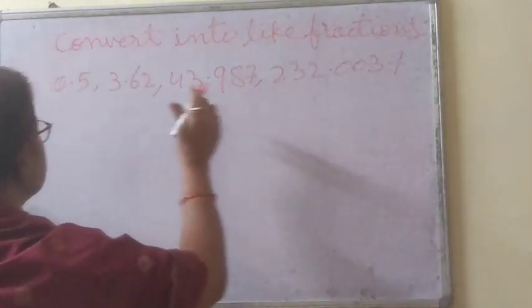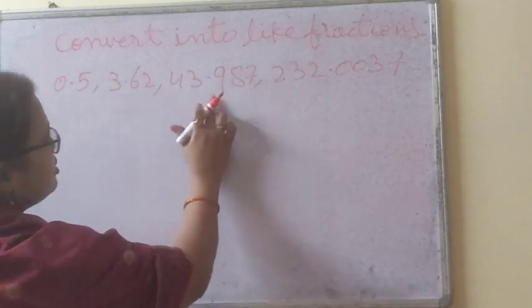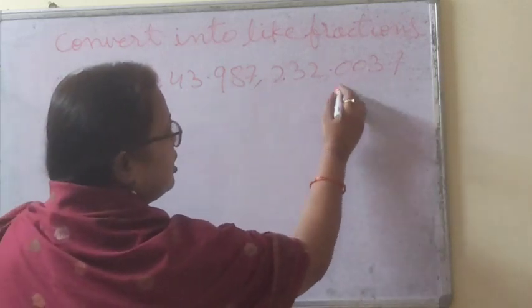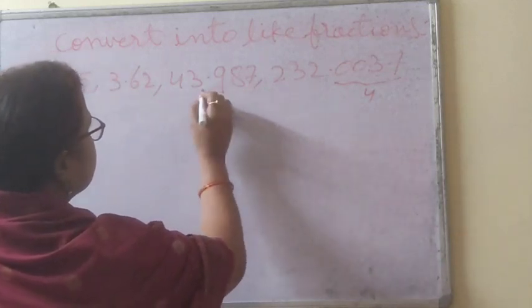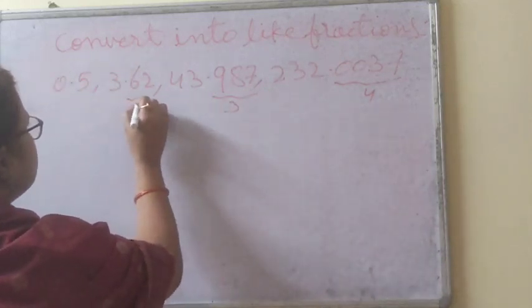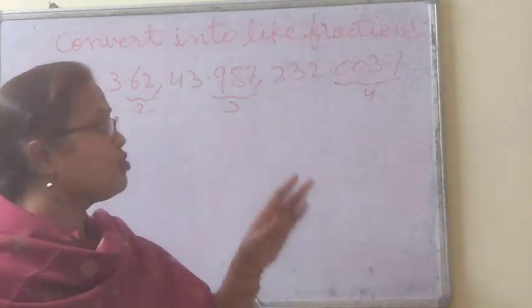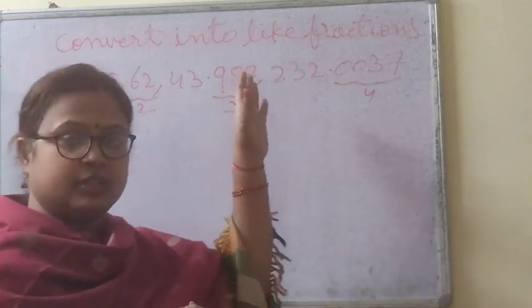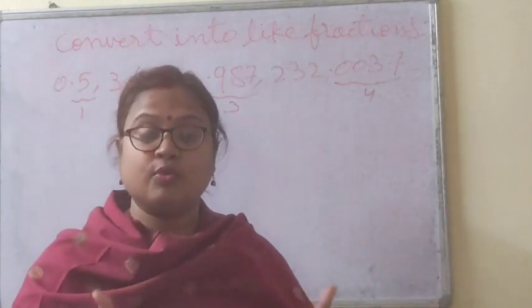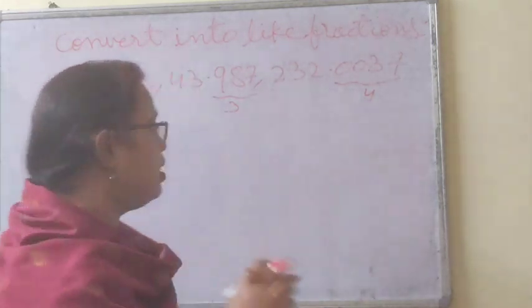So maximum number of decimal places here? This is 1, this here is 2, here is 3, here is 4. So maximum is 4. So we will make the rest of the decimals into 4 decimal places. It is very easy. How will we make it?